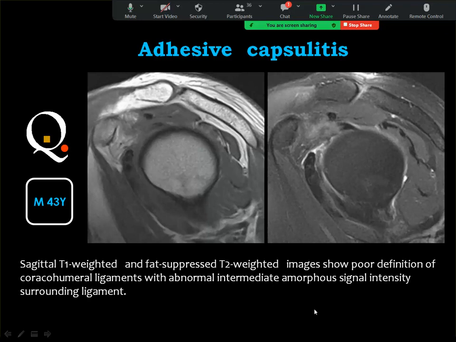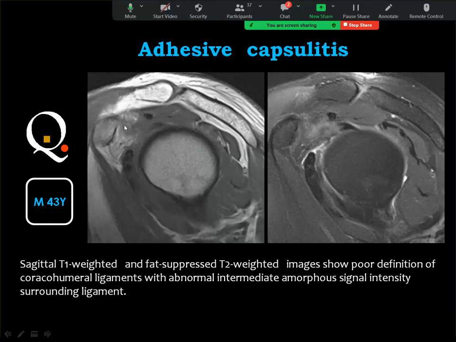And usually in patients with adhesive capsulitis, whenever they are examined by MRI, we concentrate on the inferior glenohumeral ligament in the coronal image. But we usually forget to look at this site, which is more pathognomonic for the diagnosis of adhesive capsulitis.